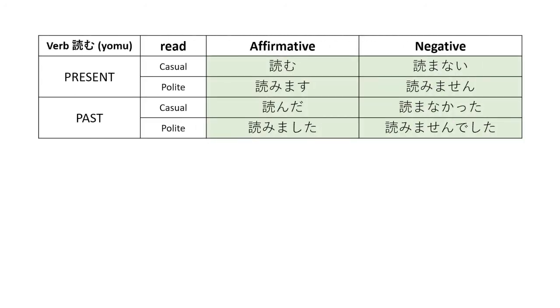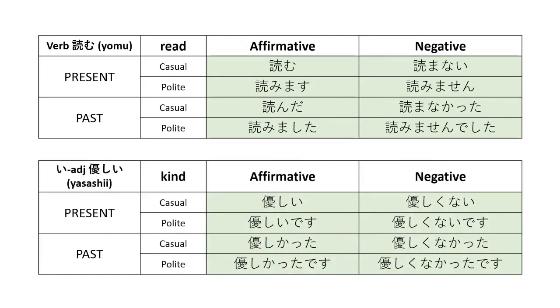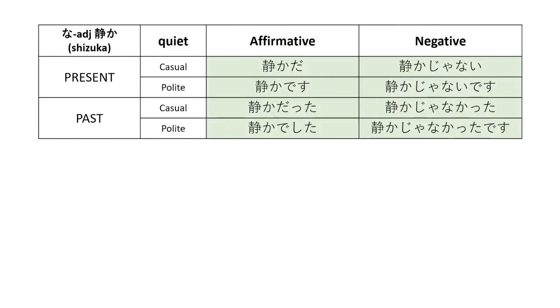So these are the others. We have the verb yomu, to read, and an adjective, yasashii. When we are using tara, again, we use the past casual, either affirmative or negative. Here we say yonda, so we use yondara or yomanakattara, or in adjective, yasashikattara or yasashiku nakattara. Okay? And for the na adjective, we have shizuka.